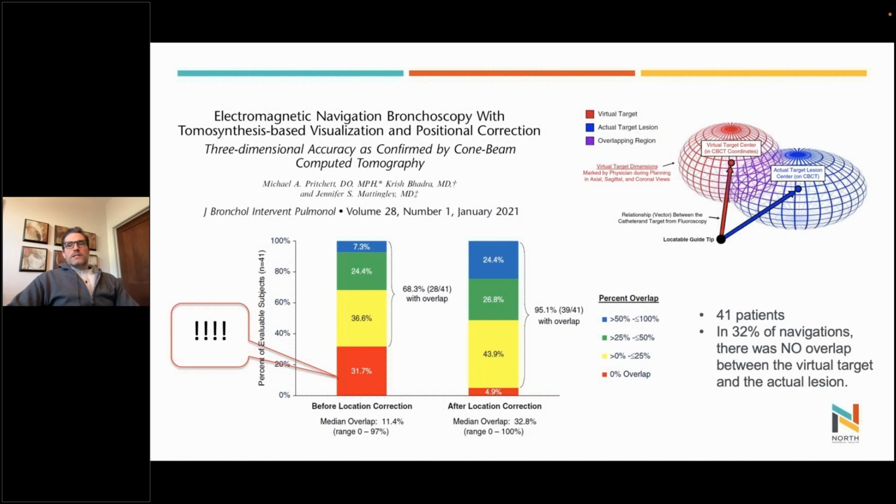So 32% of the time, if you're navigating out to the target that's marked without any other confirmation to show where your tools are going, you're literally biopsying a virtual target. If they corrected for it with tomosynthesis, they were able to achieve a 95% overlap. So only 5% of the time were they not able to overlap the lesion with where the target really was.